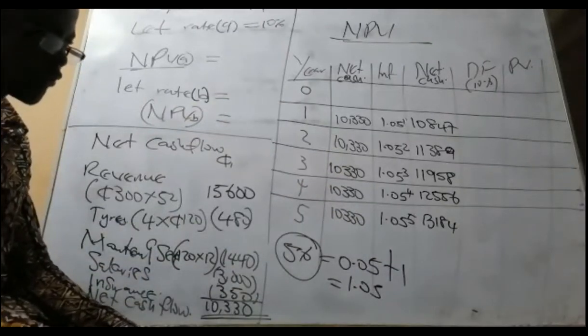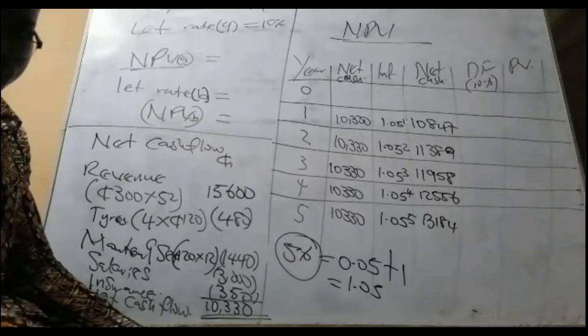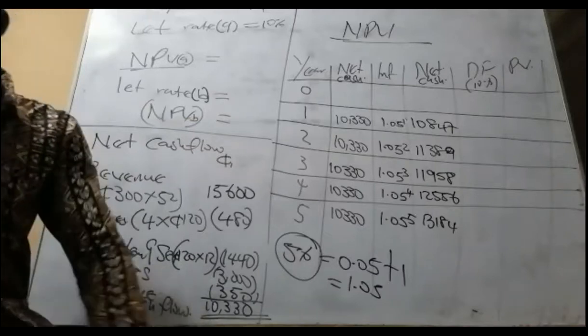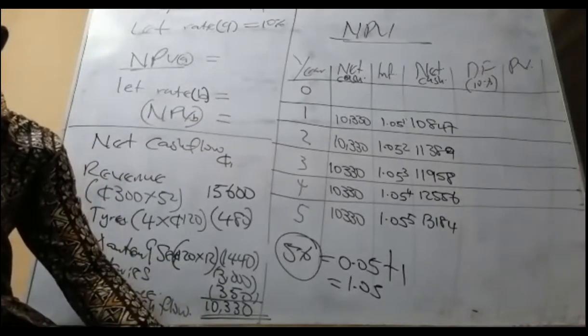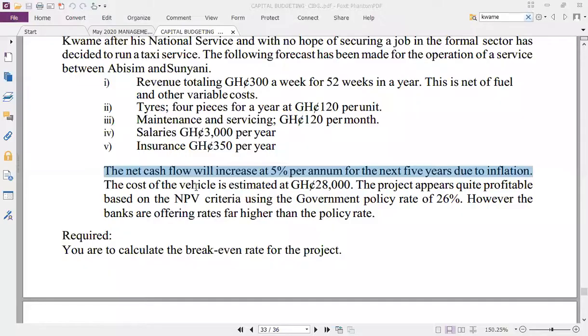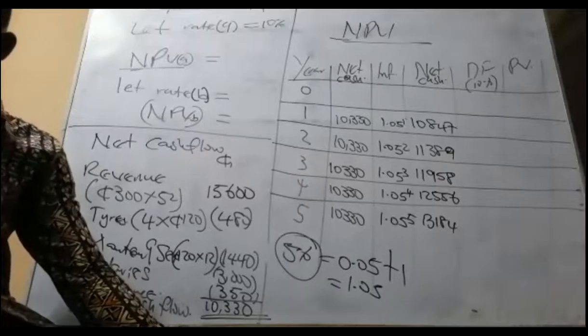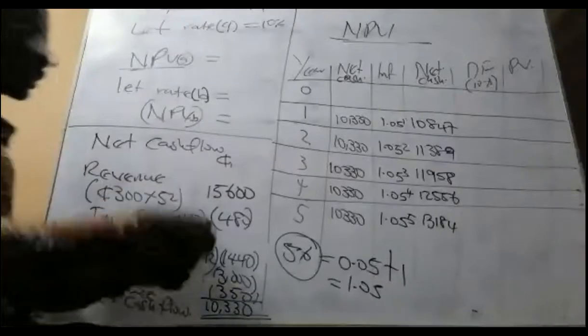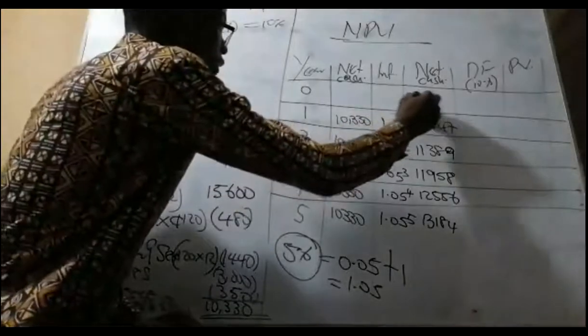The cost of investment, which is what? The capital cost of the taxi, or the capital cost of the vehicle. The vehicle is 28,000. So that's the capital cost. So I'll put the capital cost here, 28,000.